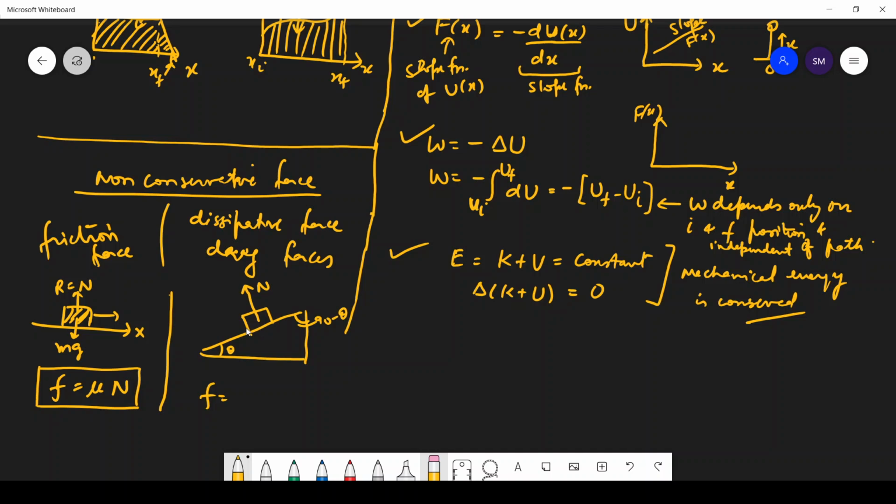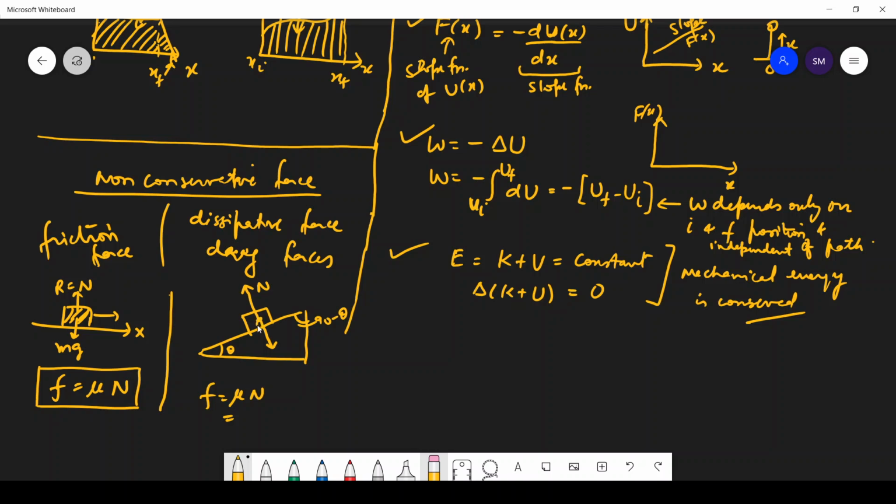Now friction here is again mu into N. This is the coefficient of friction. Now what is N? N is equal to this, equal and opposite force, because there is no motion in this direction. That is why these forces are equal. So now we have to find this component.